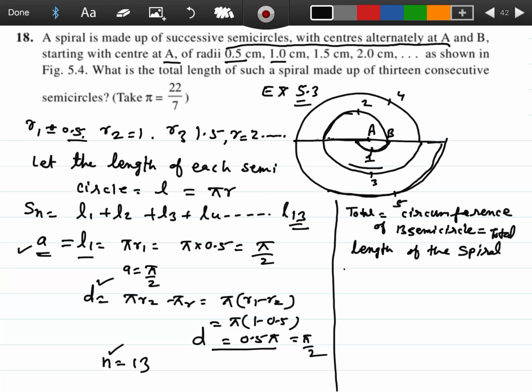Now we have the first term A, the common difference D, and the number of terms, 13. So we can find the total length of the spiral, that is Sn.